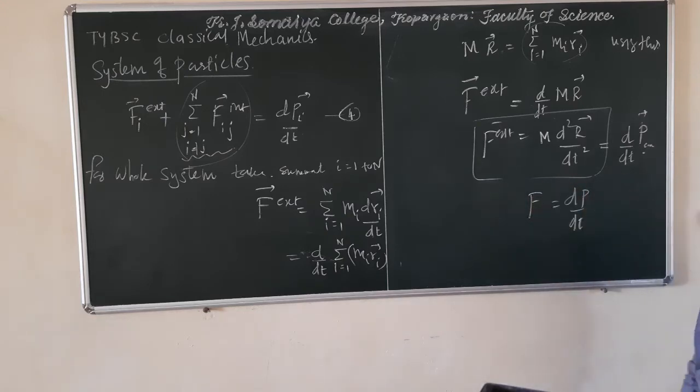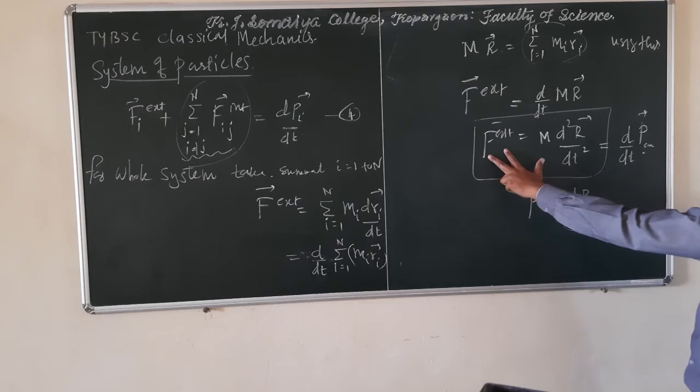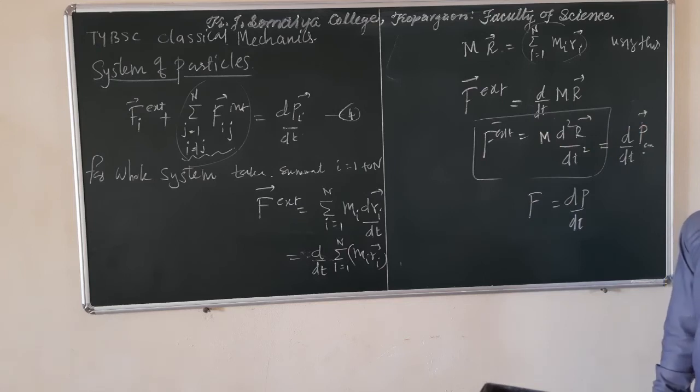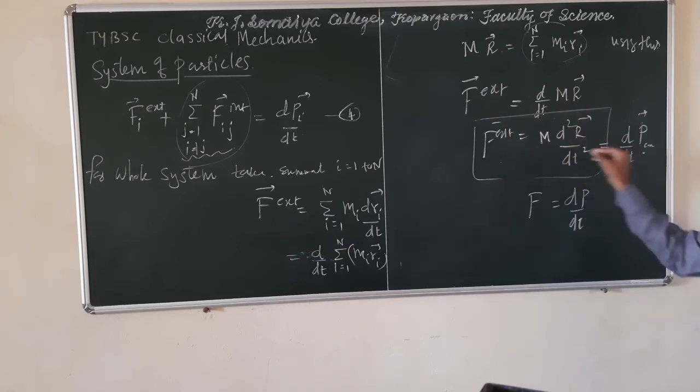The external force acting on that single particle is nothing but the rate of change of momentum of that single particle. If we have capital N number of particles, then the external force acting on them is the rate of change of momentum of center of mass of that system. So in this way we can say for a system of particles, Newton's second law of motion is modified.